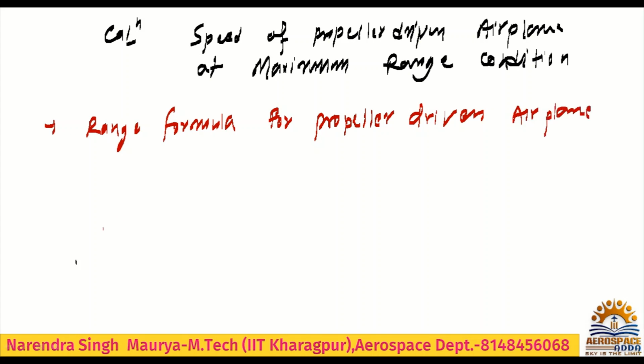If you remember, maybe 2020 or 2021, they had asked the same question, range formula based question or endurance formula based question, but for jet engine. So I told you many times, for jet engine and for propeller driven engine, range as well as endurance formula will be there, but it will be different conditions and different cases for both propeller driven as well as jet engine.